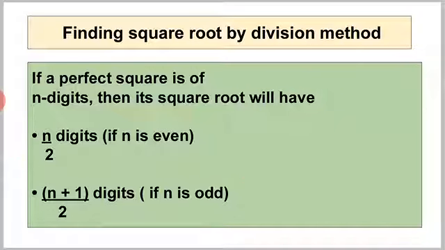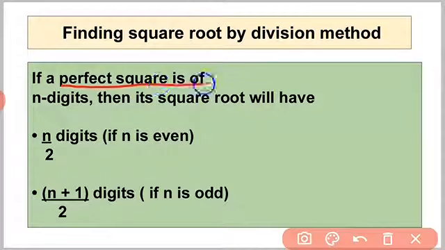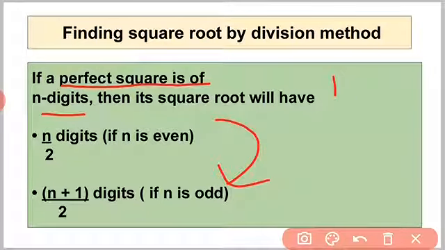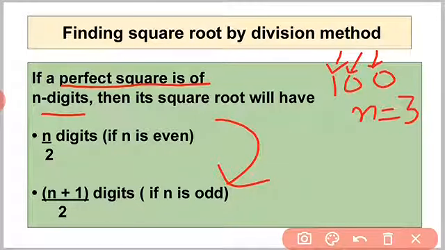Similarly, if a perfect square is of n digits and n is odd, for example 100. 100 is a perfect square, but in 100 there are 3 digits which is odd, means n is equal to 3 over here, and 3 is odd. So how many digits are there in the square root of 100?